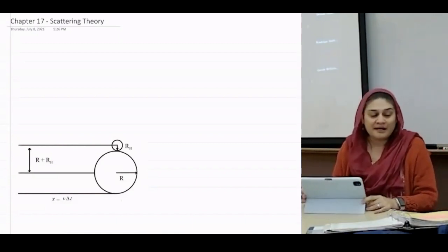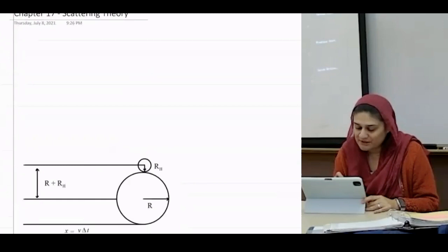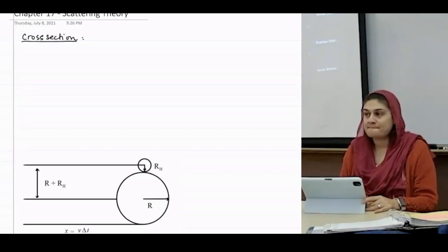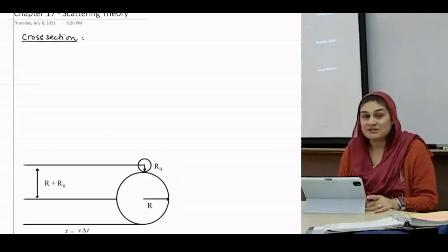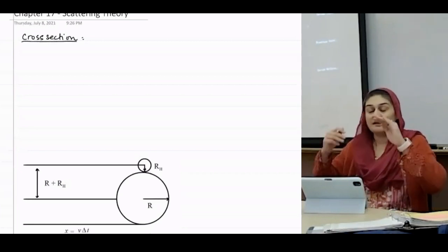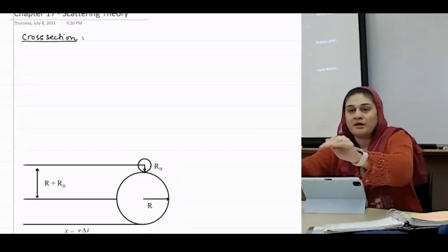Okay, so what is a cross section? I'm going to try to define a cross section. A cross section, simply put, is the bullseye that the colliding particle sees.